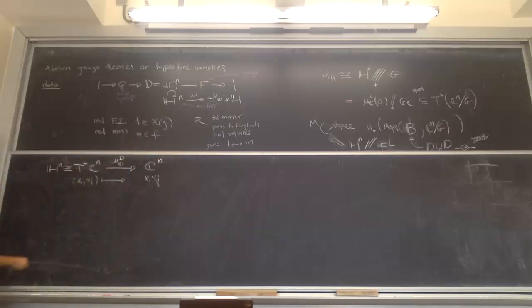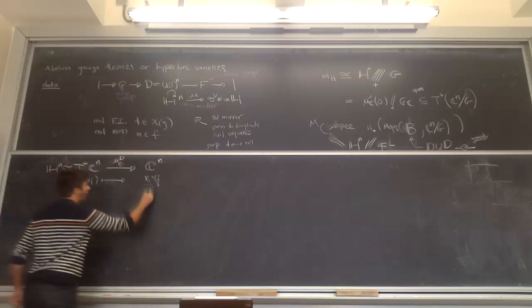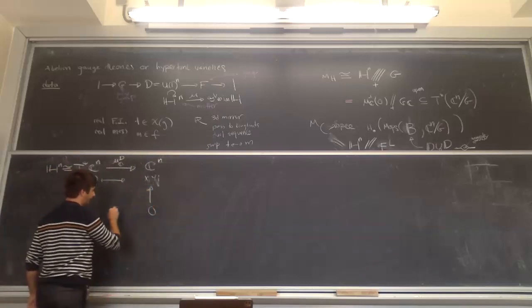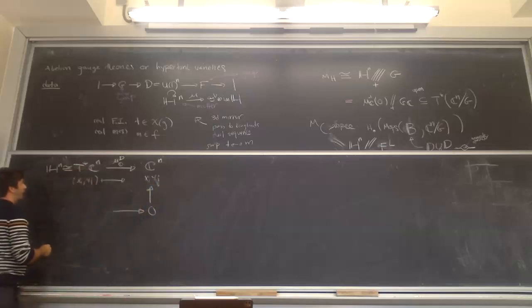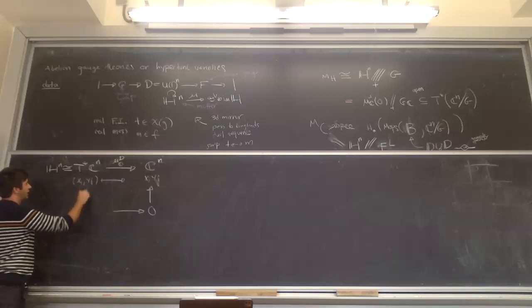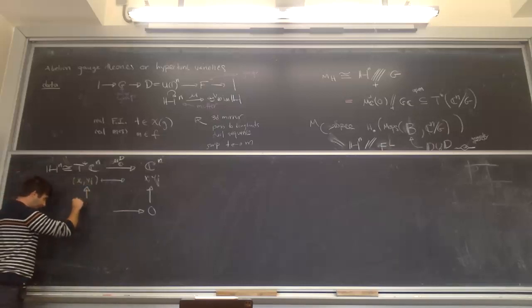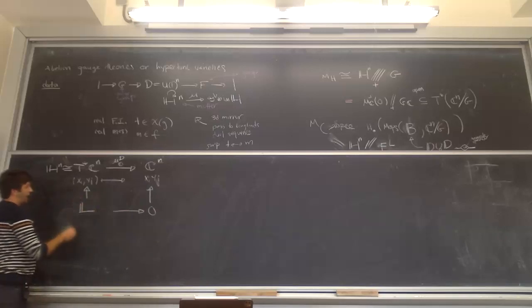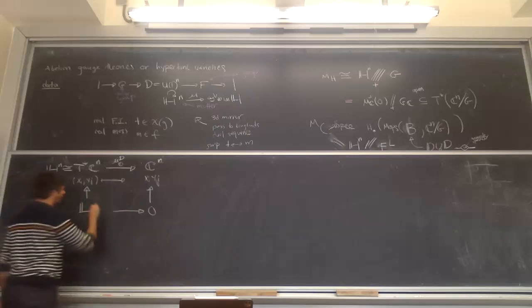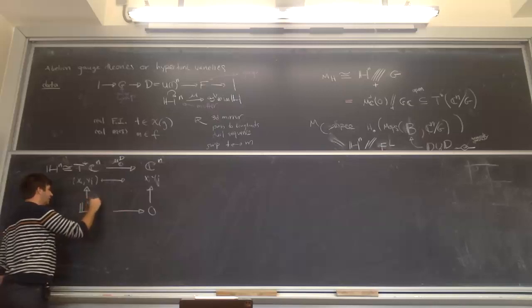And so then if you take the 0 section of this moment map, there's a really pretty Lagrangian in here which I'm going to study a lot, which I'm going to call L universal.